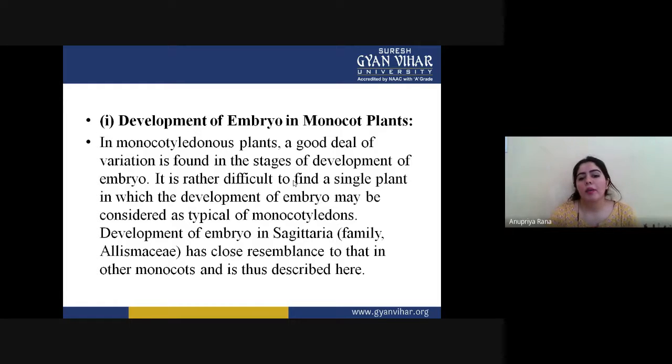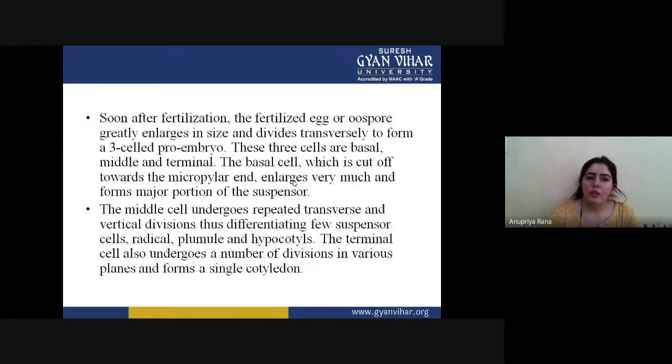This is the development of the embryo in Sagittaria, family Alismataceae. This Sagittaria plant has a close resemblance to other monocots, and it's described here. We choose this plant because its pattern of development is closest to a lot of plants inside the monocotyledon division. So what happens inside the Sagittaria plant?